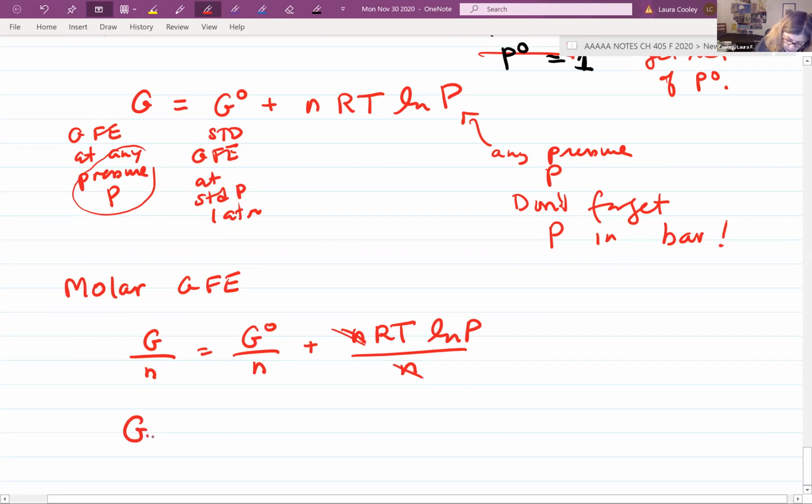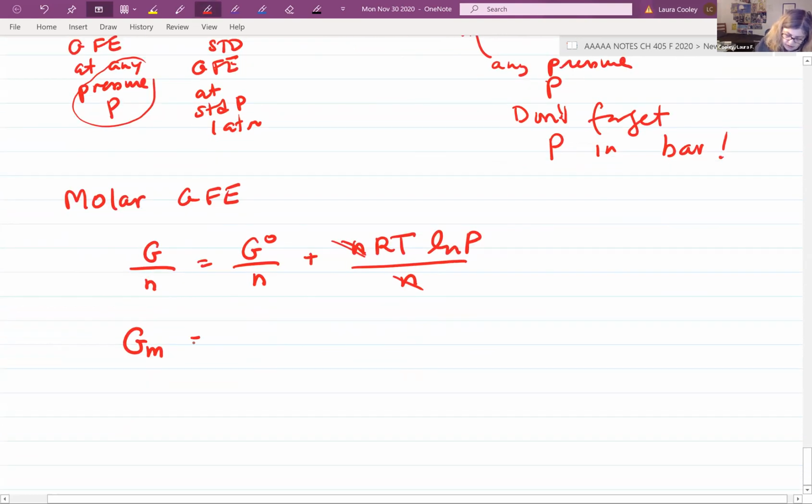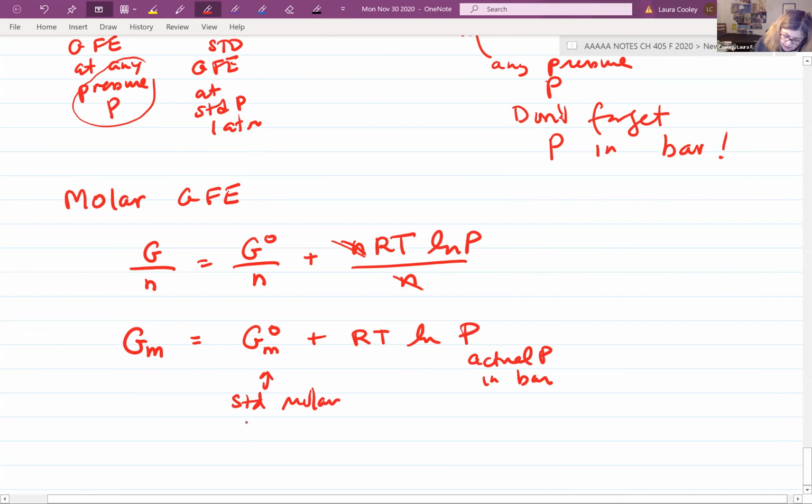So you'll end up with the molar Gibbs free energy equals the standard molar Gibbs free energy plus RT log of P. So this is the actual pressure in bar, and the standard molar Gibbs free energy at P equals 1 bar. And this is the molar Gibbs free energy at any pressure. Awful lot of description of what everything means, I know.